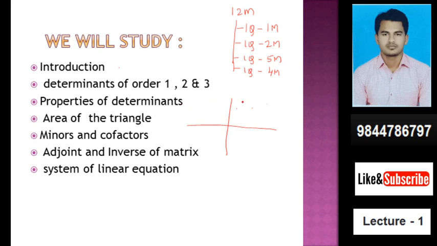We know that collinear means all points lie on the same line. Then only we can call these 3 points collinear. If they do not lie on the same line, it is not collinear. Such kinds of questions we can solve with the help of determinants.